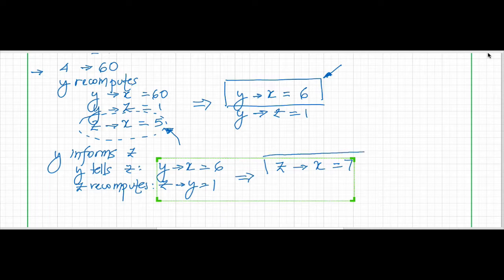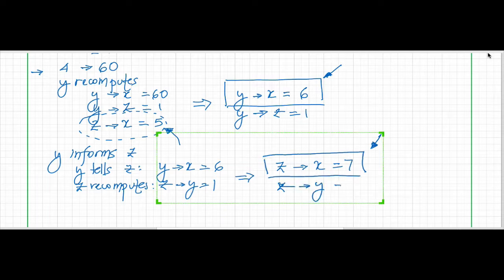And this is again incorrect. It was based on the fact that Z knows that it can go to Y at a cost of 1.